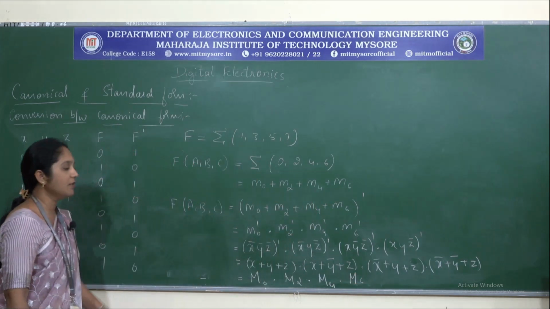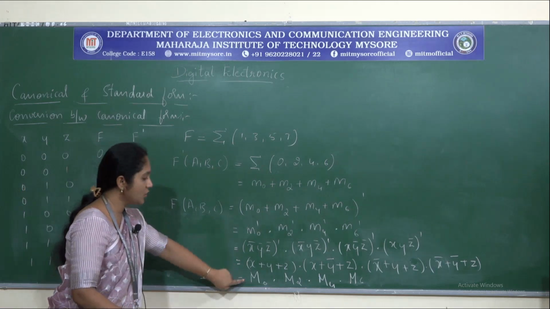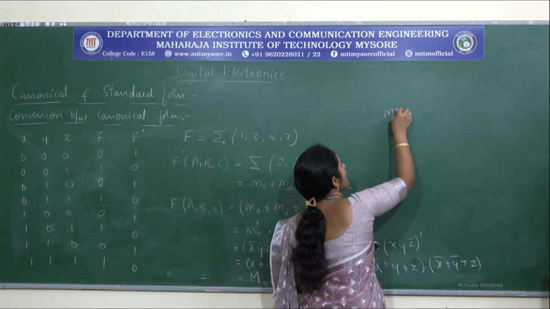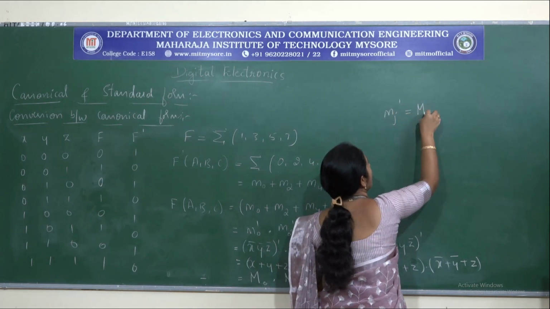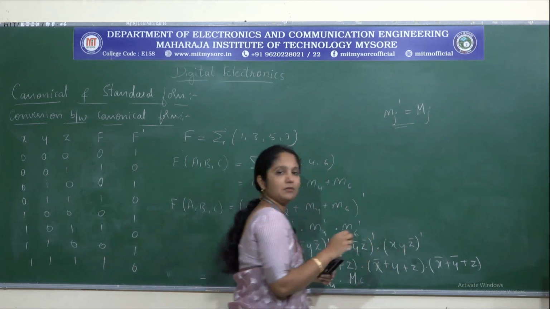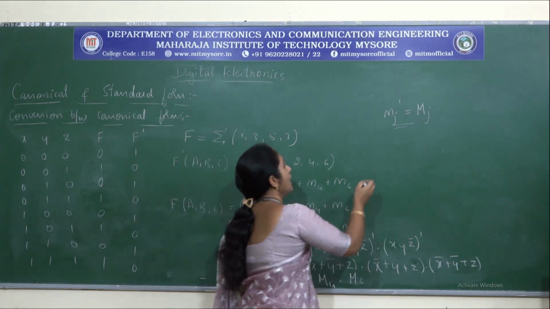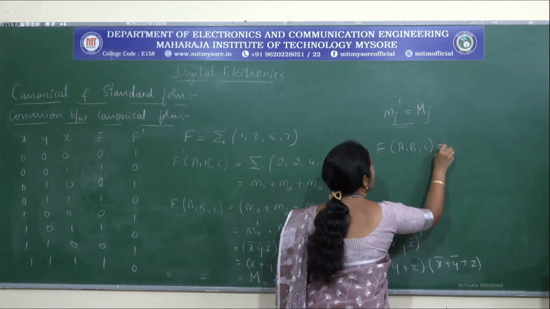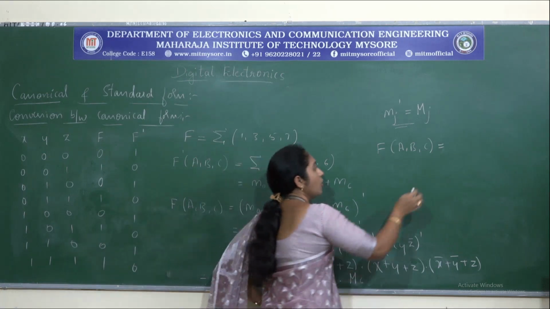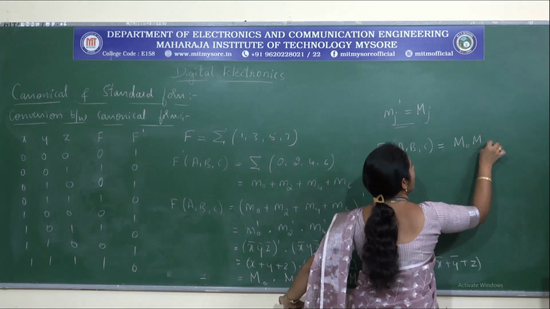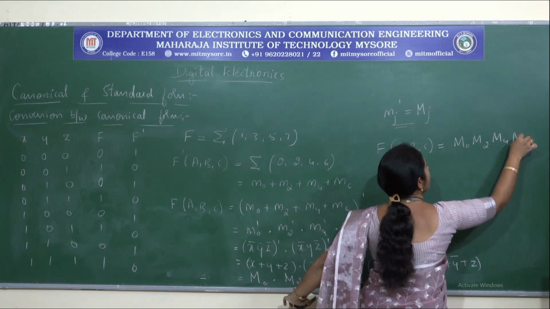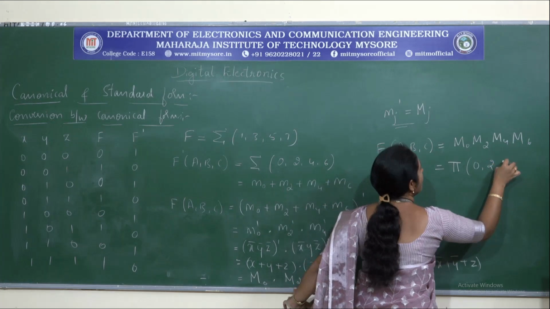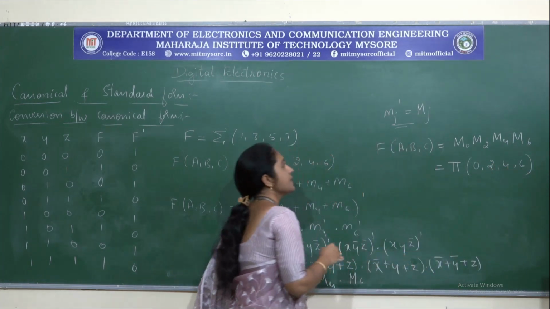So here if you observe, compare these two rows and we can conclude that mj dash is equal to Mj. And as I said, f in another form, that is f of ABC, can be expressed as M0, M2, M4, M6, which can also be written as pi of 0, 2, 4, 6.